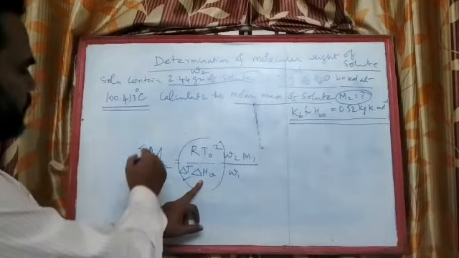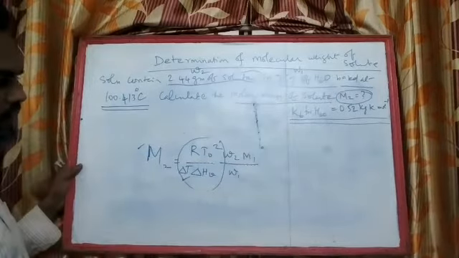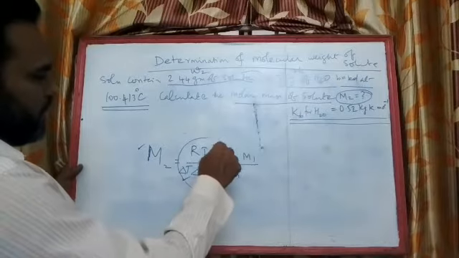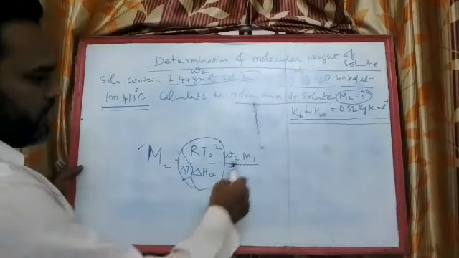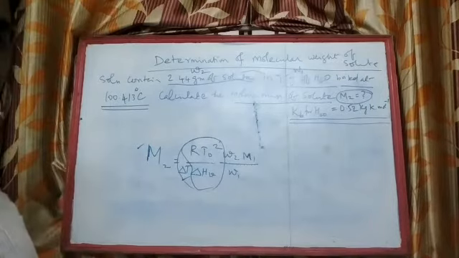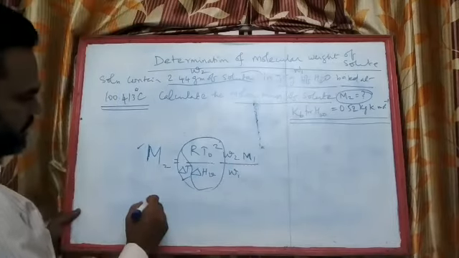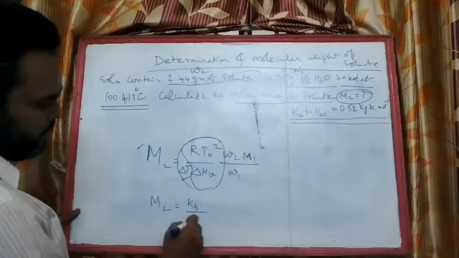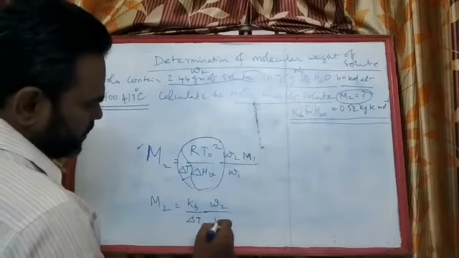So the molecular weight of the solute should be calculated. This value RT0 squared by delta HV into M1 is called the molar ebullioscopic constant, which is given here. So I can write M2 as Kb divided by delta T, into W2 by W1.